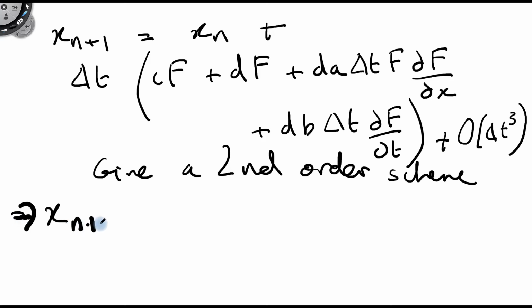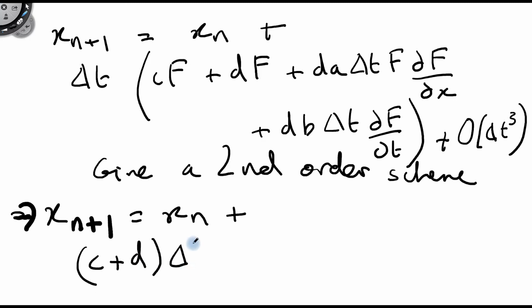It's x_{n+1} equals x_n plus, okay, so I'm just going to factorize various things, (c plus d) delta t of f.